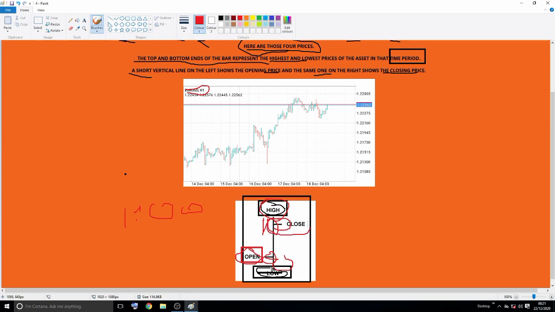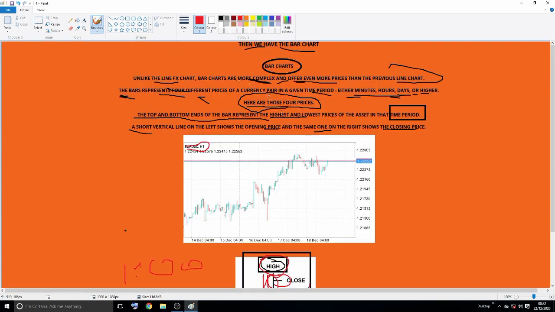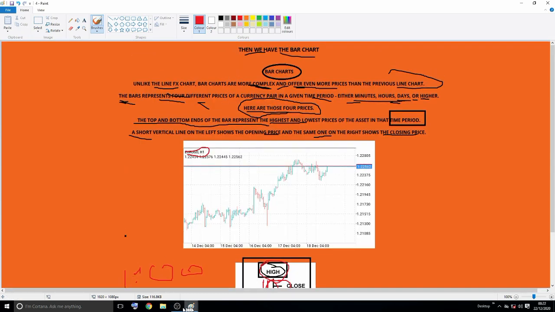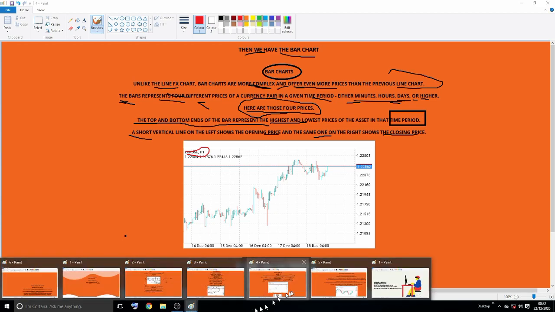So you see 4 different price movements in one particular bar that represents a certain time frame, right? So as you can see, this one explains more than the line chart. So let's continue and check out the candlestick chart.